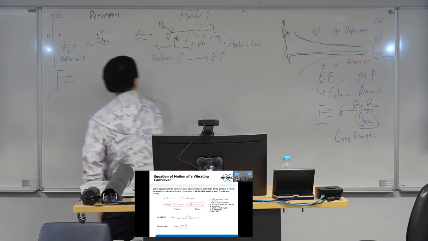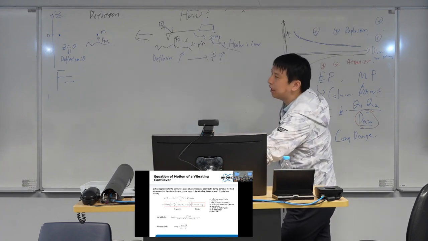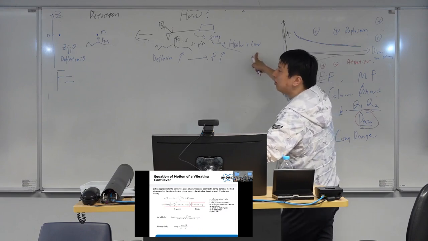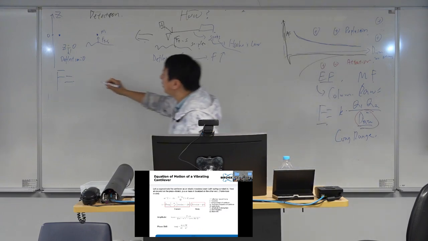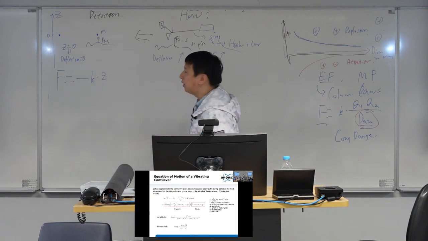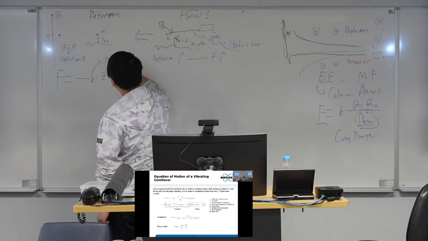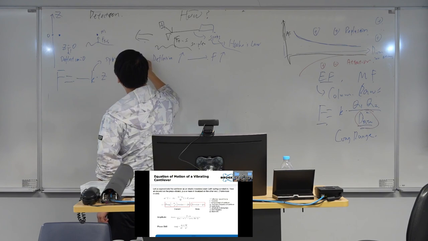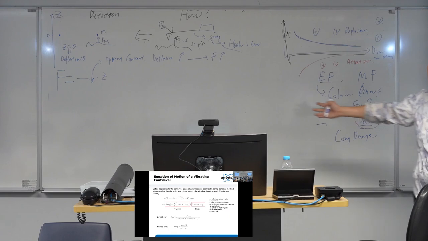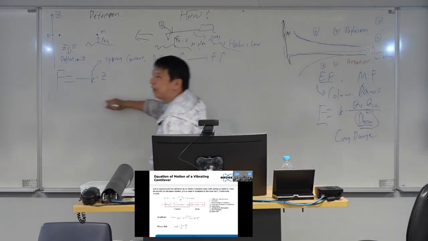The first force is from the spring, from the deflection of our cantilever. It follows Hooke's law, so we define it as equal to negative k times z. The k, we call it the spring constant. That's the number on the back side of your probe box, right? So that's the first force we have.